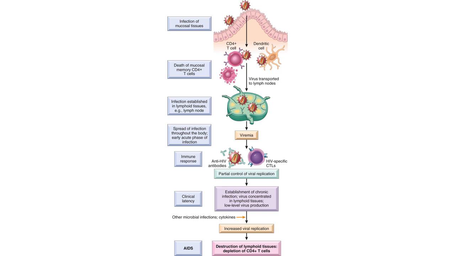So in that lymph node, you will see a lot of macrophages. You will see a lot of dendritic cells, and you will see a lot of T lymphocytes. The movement of the infected T cell there means that those cells will also become infected, so that the infection becomes established in that lymphoid tissue.